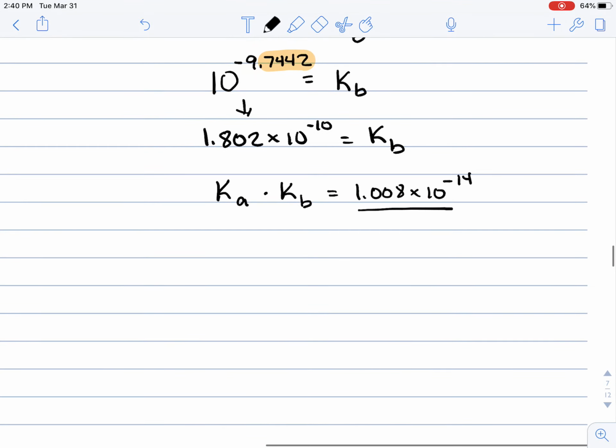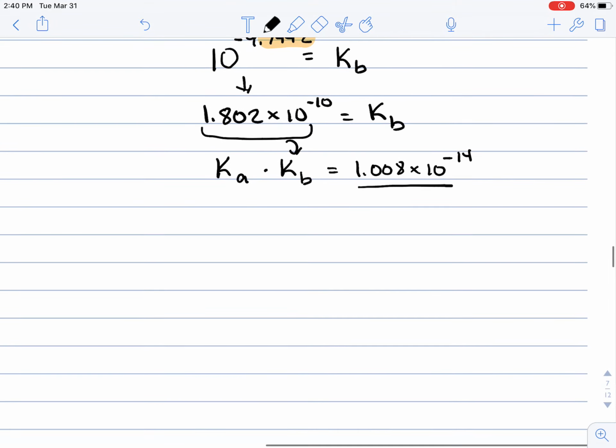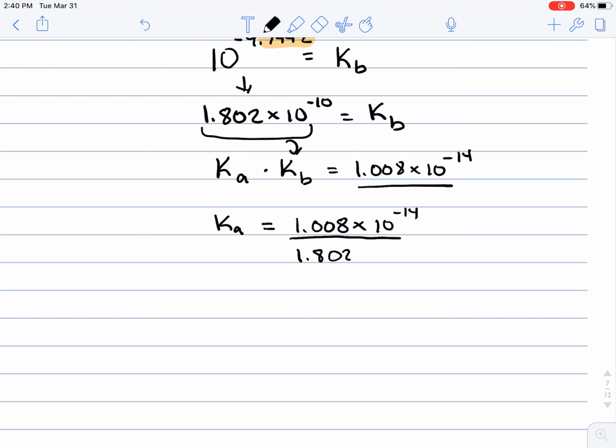All right, so we're going to plug in this value into Kb such that Ka is equal to 1.008 times 10 to the negative 14, divided by 1.802 times 10 to the negative 10. I kind of skipped a couple steps here.